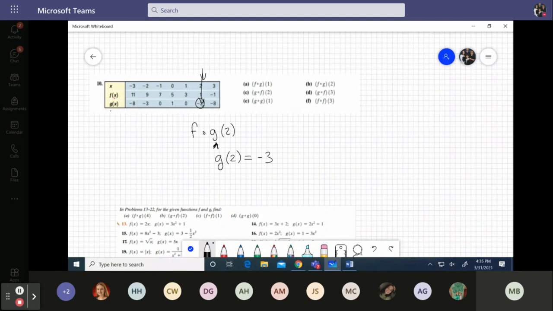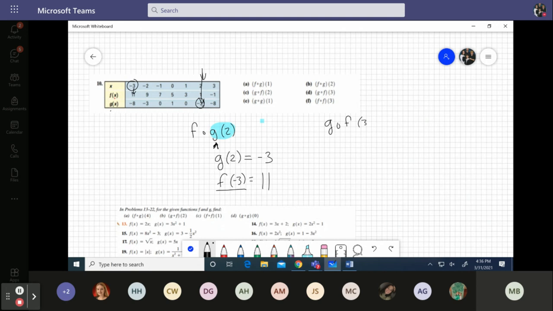So if g of 2 equals negative 3, in f of g of 2, I now need f of negative 3. So I go back to where is x negative 3? F of negative 3 is equal to 11. Inside out.